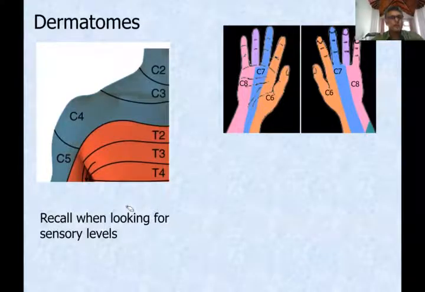Then the other point that I want to raise here is that this C4, which supplies the tip of the shoulder, is not part of the brachial plexus. You know that. So where do you get this C4 from? It's through the supraclavicular nerves. You have the clavicle here, and nerves coming over that are called supraclavicular nerves. There are several of them.